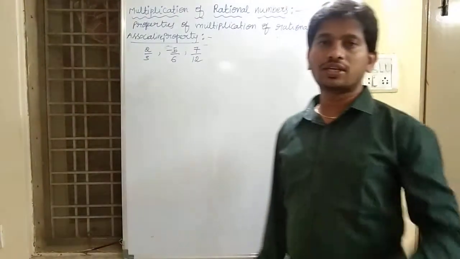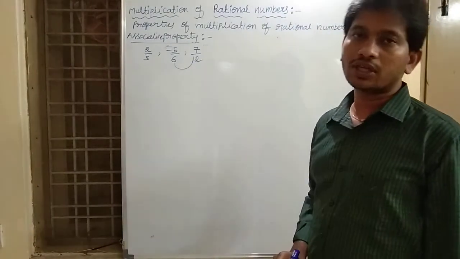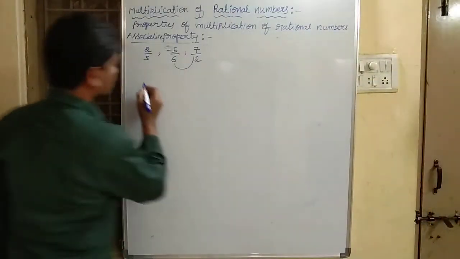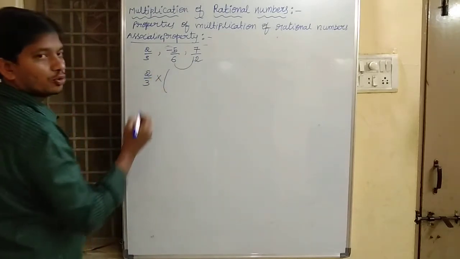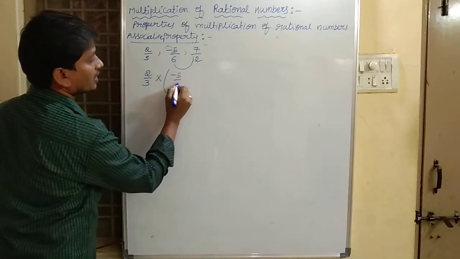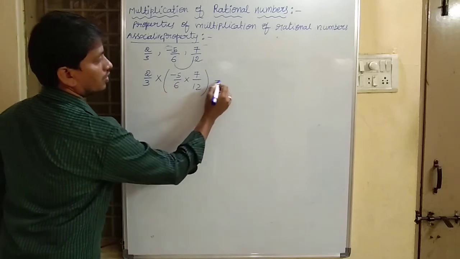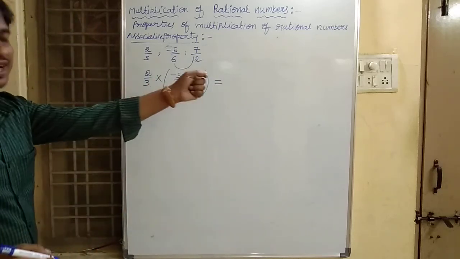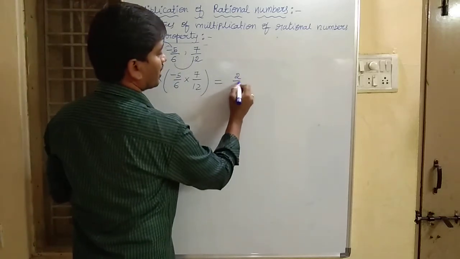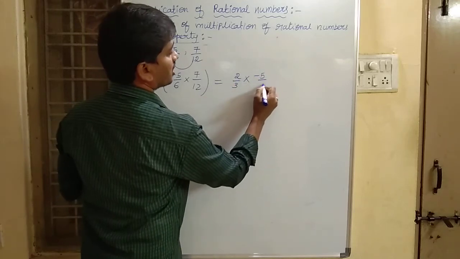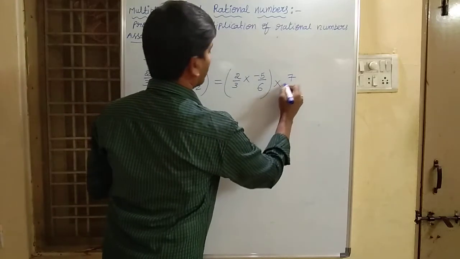First, I will multiply the second rational number and the third rational number: 2 by 3 into, bracket open, minus 5 by 6 into 7 by 12, is equal to. Now, on the right hand side, first I will multiply these two rational numbers, 2 by 3 into minus 5 by 6, into the third rational number 7 by 12.